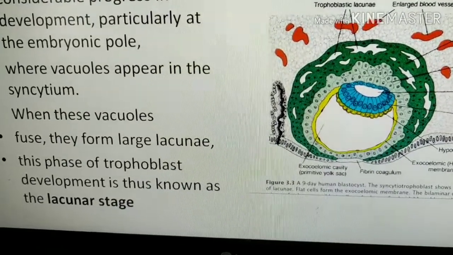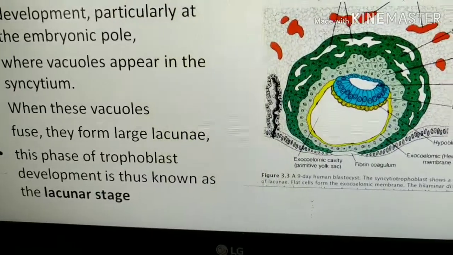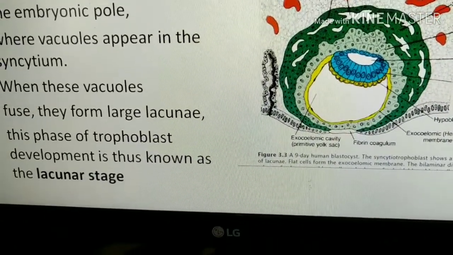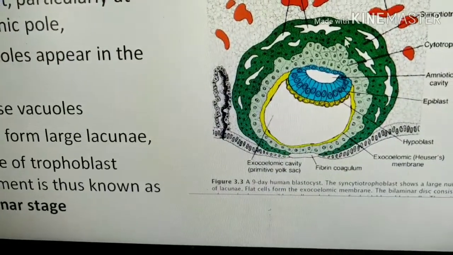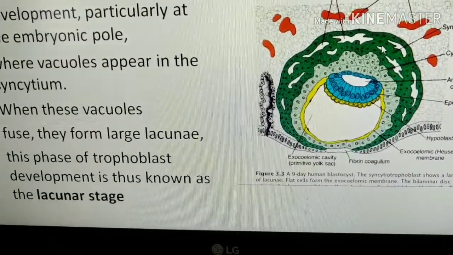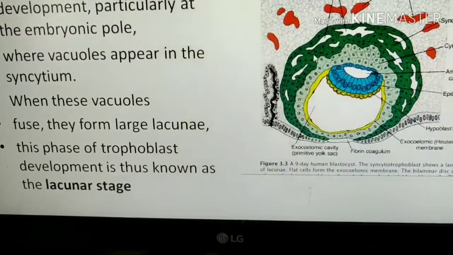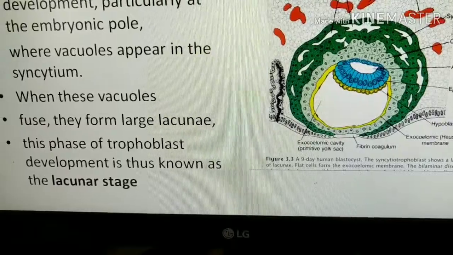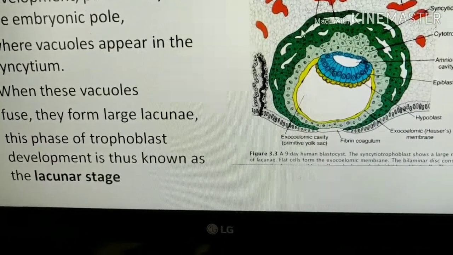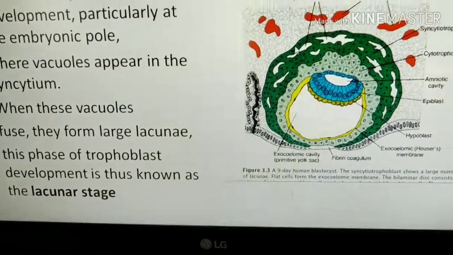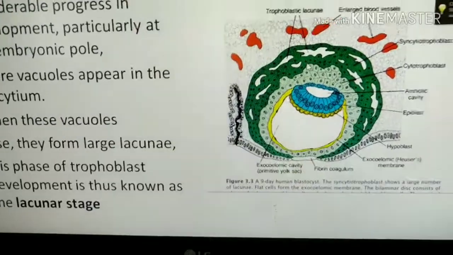During day 9, the trophoblast progresses in development, particularly at the embryonic pole. There also appear small vacuoles in the syncytium. Which layer? In the syncytium. These vacuoles fuse with each other and form large lacunae. So this phase is called the lacunar stage.